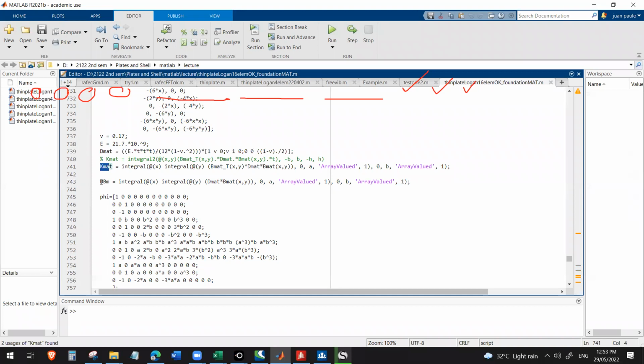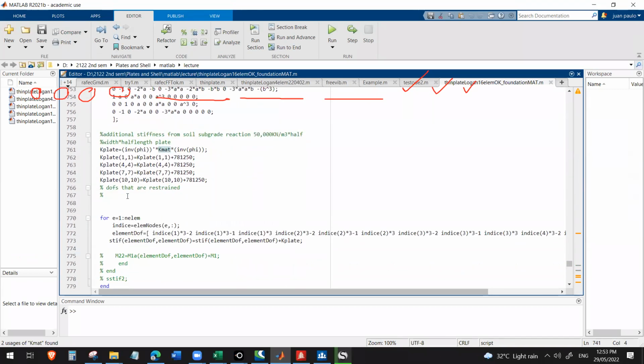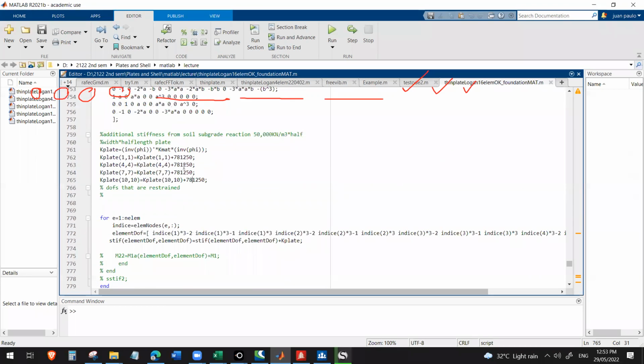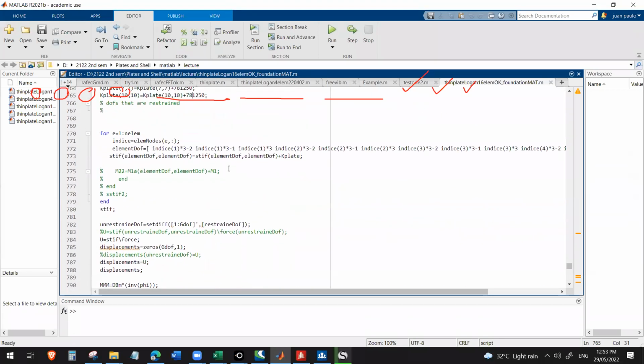Yeah, so same formula for stiffness matrix. And then for the addition of 1, 4, 7, 10, this is the soil subgrade modulus stiffness, 78, 1 to 50. So this will also try to come up with the same stiffness matrix.